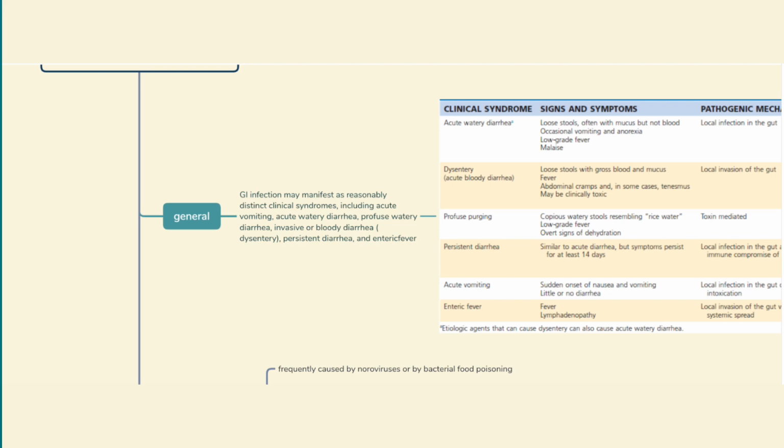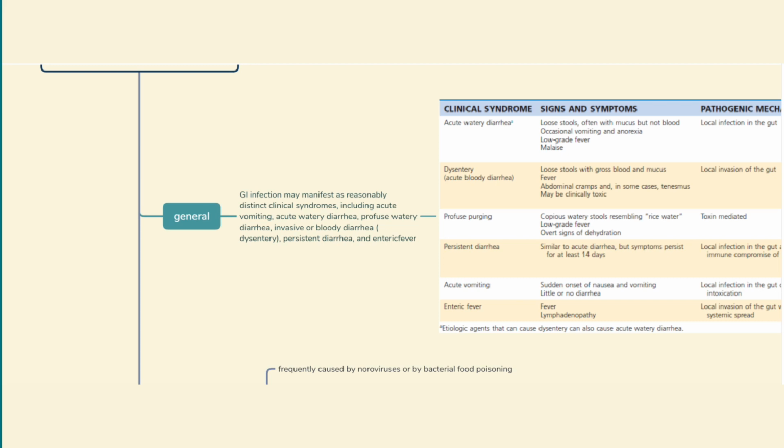These syndromes can be upper or lower. The first upper syndrome is acute vomiting, where the only symptom we will have is profuse, sudden vomiting of the patient with no diarrhea.